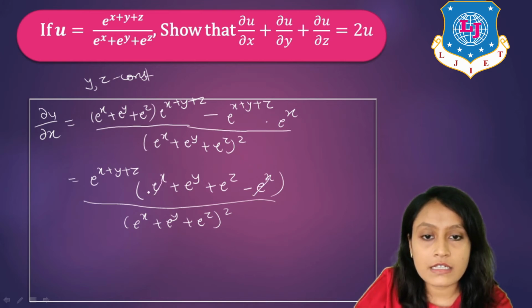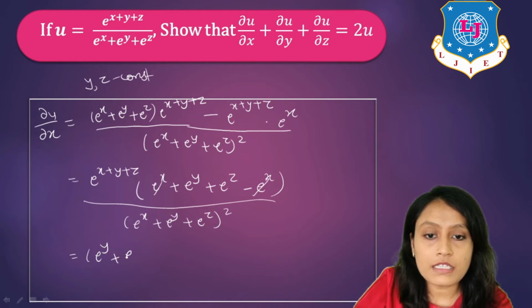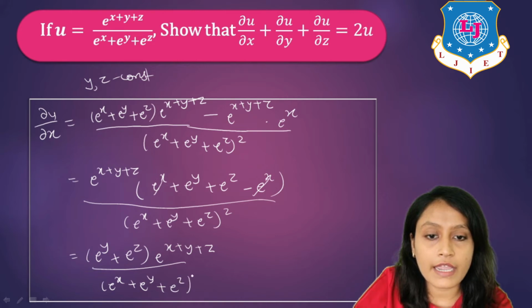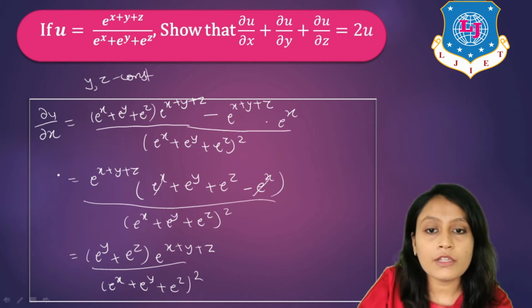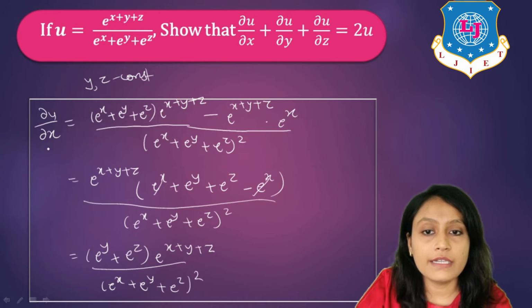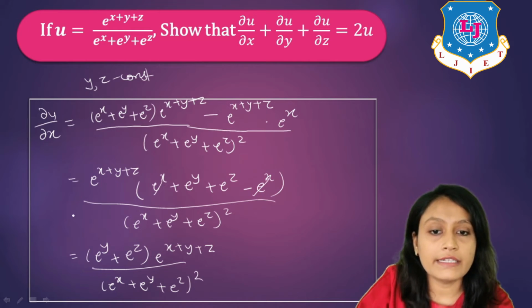This will get cancelled. So what remains is e raised to y plus e raised to z into e raised to x plus y plus z upon e raised to x plus e raised to y plus e raised to z whole square. Okay, here we have taken the derivative with respect to x, so we are getting this answer.